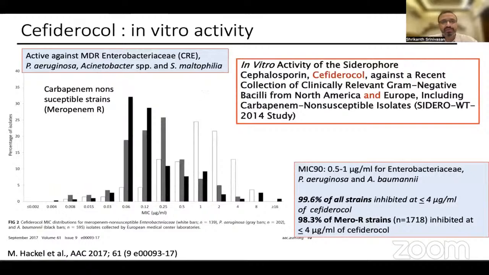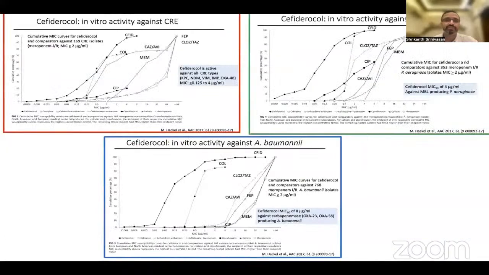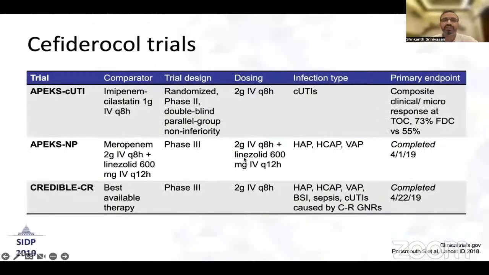So this ability to enter cells and avoid being thrown out by efflux pumps produces very good susceptibility across a large range of Pseudomonas, Acinetobacter, MDR Enterobacteriaceae, and Stenotrophomonas maltophilia, with more than 99.6% of the strains being sensitive to it. If you see the MIC levels for CRE, for Pseudomonas, for Acinetobacter, it has got the least MIC ranges, the least for all three, cumulative MICs.